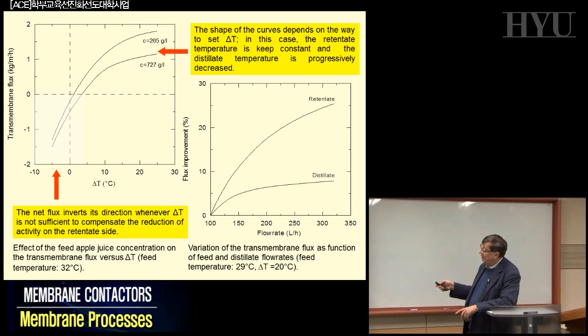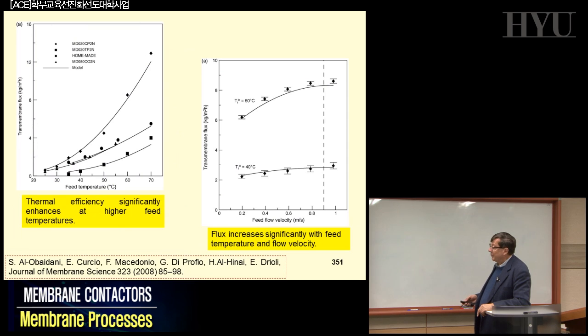So again, all these plots are telling you which are the parameters on which we have to operate, not in the membrane itself, but to control the boundary condition, which are quite effective as we learned already in reverse osmosis.